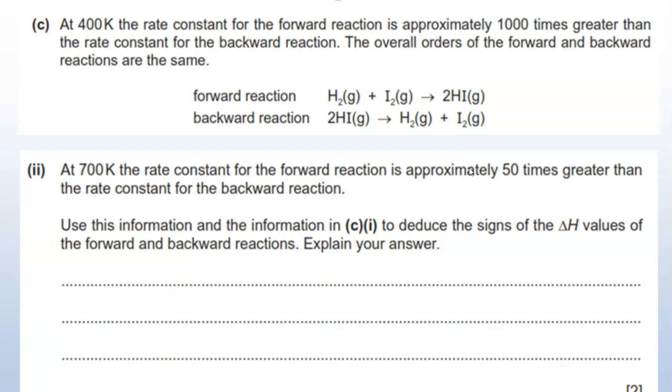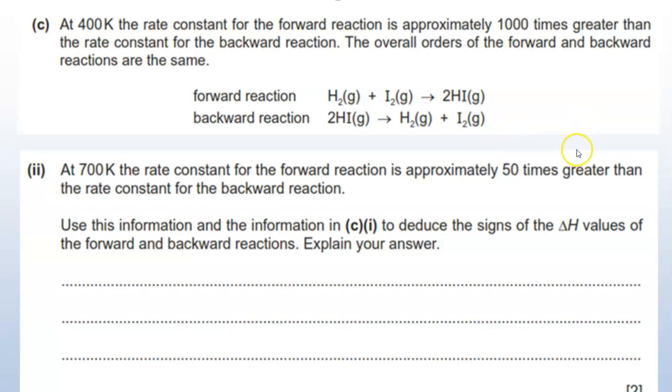So delta H for the forward reaction is negative, and you determine it by just comparing statement number 1 and statement number 2. The statement given above is for 400 Kelvin, and the statement given below is about 700 Kelvin. You compare the rate constants and their rates of reaction, and the backward reaction is vice versa.